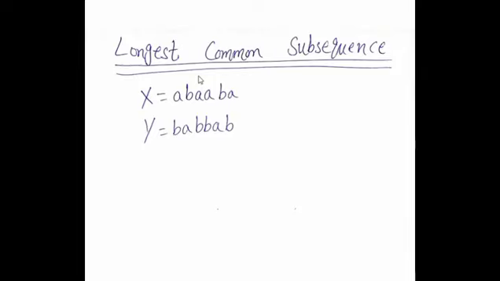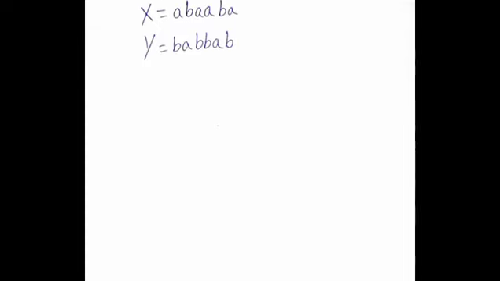So as you can see here in the question, we are given two strings, one is X and one is Y. X is ABAABA, Y is BABAAB. So how can we find out the longest common subsequence? First, we will draw a table for it like this, as you can see on your screens.